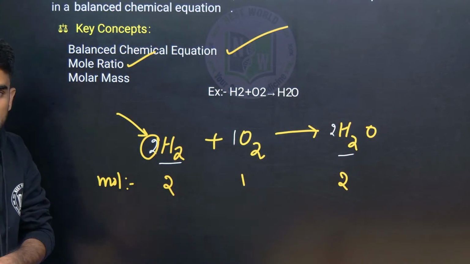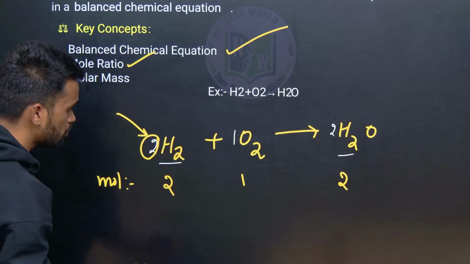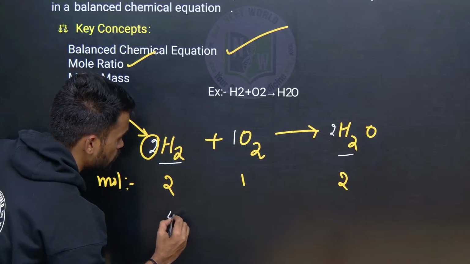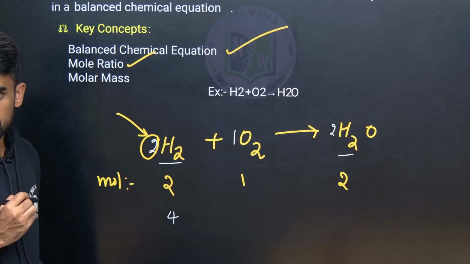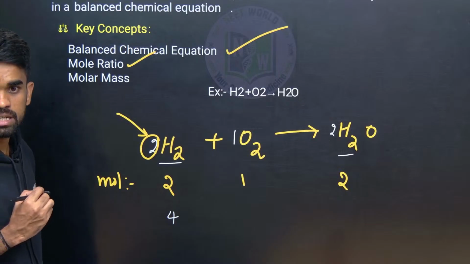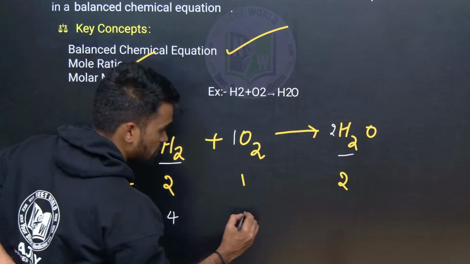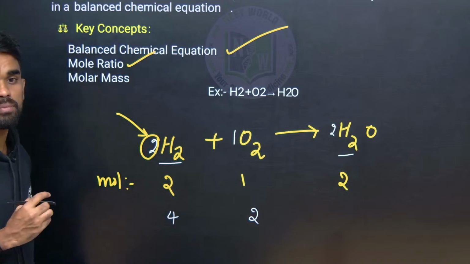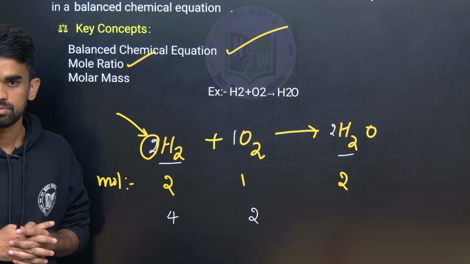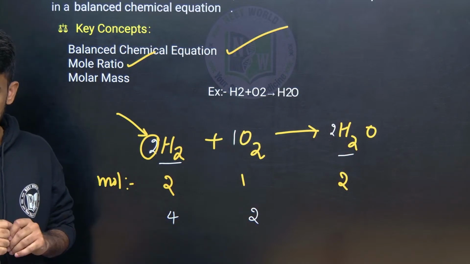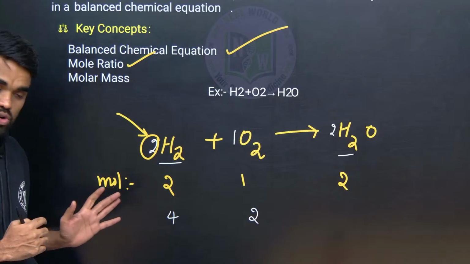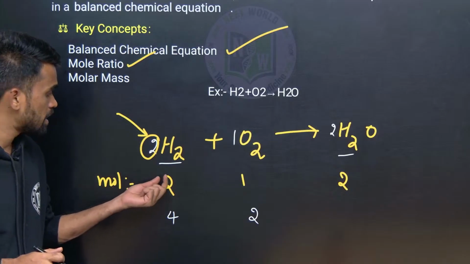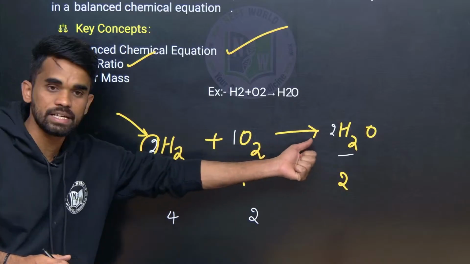Now I will give you one question. I have 4 moles of hydrogen combining with 2 moles of oxygen, then how many moles of water is formed? Very easy question. This is the ratio we got from the balanced equation.